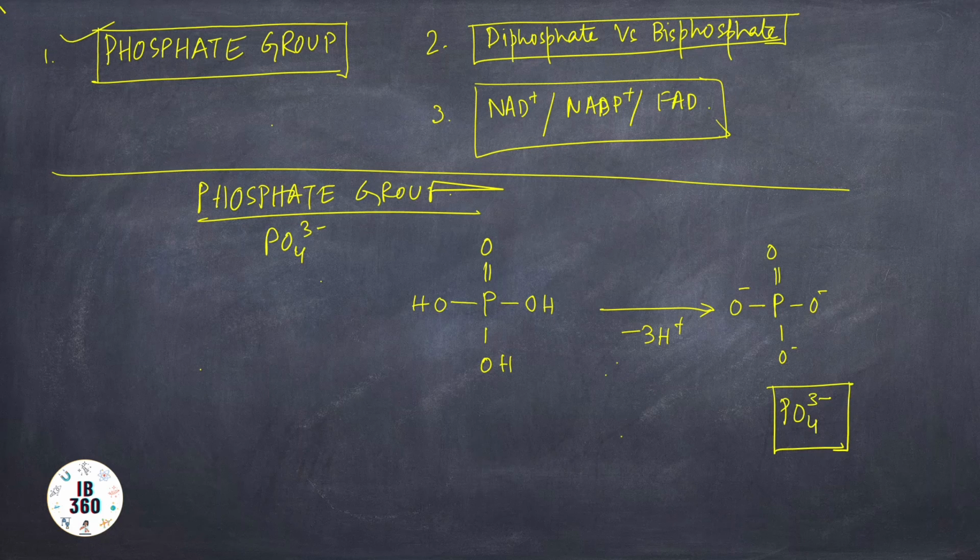The phosphate group can be seen in various energy currencies like ADP or ATP, adenosine triphosphate, which has 3 phosphate groups.